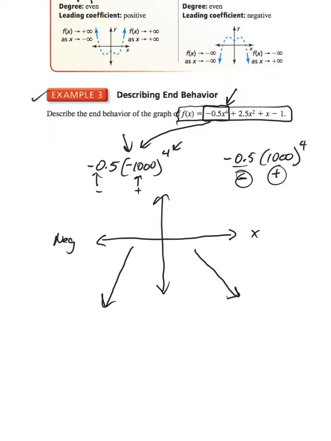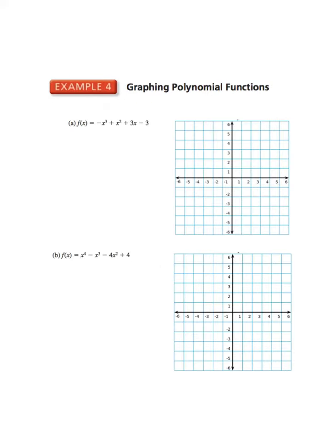So let's move to the next page. In the next page, we're going to be graphing polynomial functions. So we're going to use the end behavior, and we'll also use a technique that we've probably used all the way from middle school.